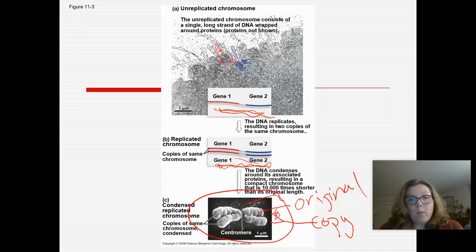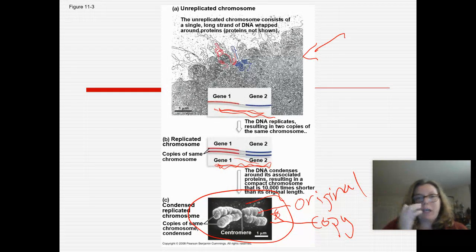Now, why do chromosomes exist in cellular replication or cellular duplication? It's because the DNA most of the time looks like that. That's chromatin, and chromatin is all uncoiled and messy and tangled.